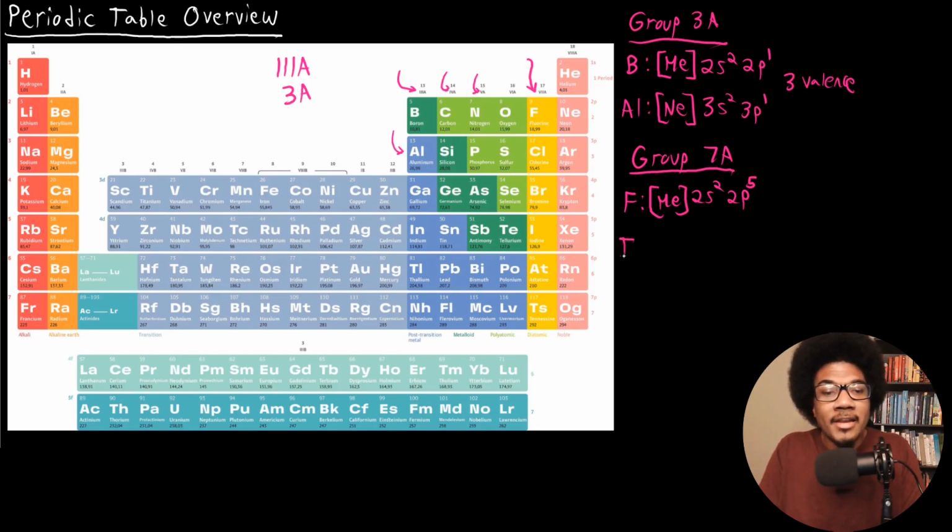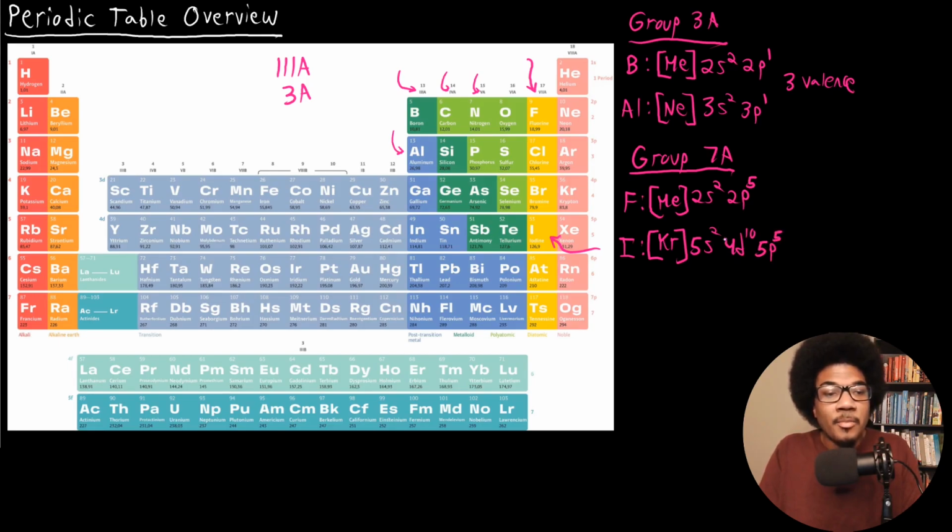And let's go to iodine. Iodine's all the way down here. Iodine has the electron configuration of krypton, as its noble gas to signify the core electrons, and then from there you have 5s2, 4d10, and 5p5.